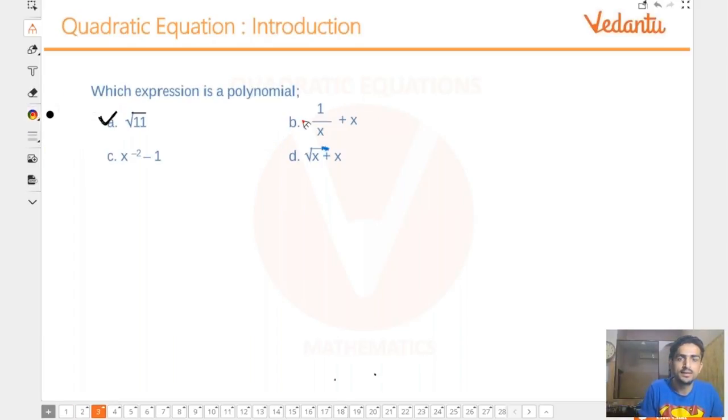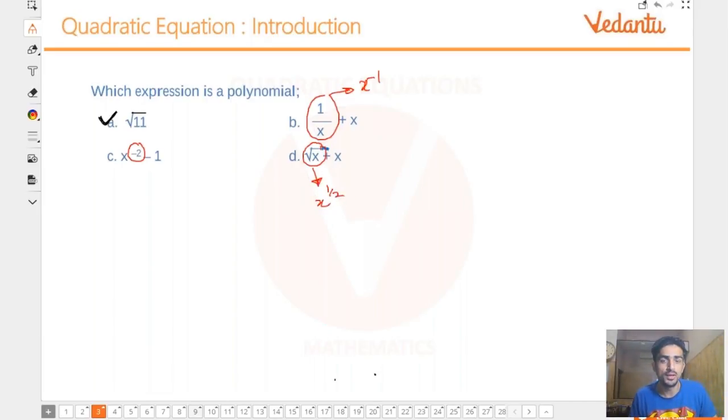And here it is not a polynomial because of 1 by x. 1 by x means x to the power minus 1. Again the power is negative, so it cannot be a polynomial. Root x is x to the power half. Power cannot be fractional either. Power has to be only a whole number: 0, 1, 2, 3 like that. So because of this half power, this is not a polynomial.